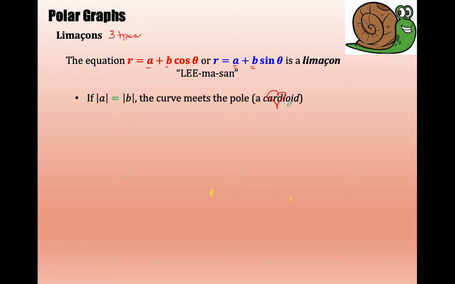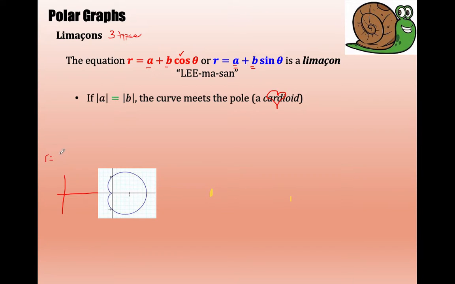One type of cardioid looks like this. Can you kind of see the heart issue there? Now, I'm going to draw a rectangular graph. Let's pretend all the examples, the pictures I'm going to give you are cosine limaçons. So this is a cosine limaçon.